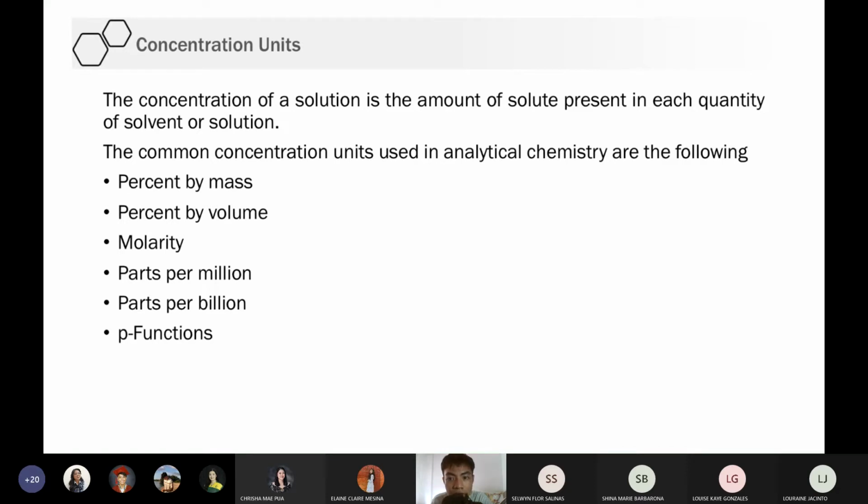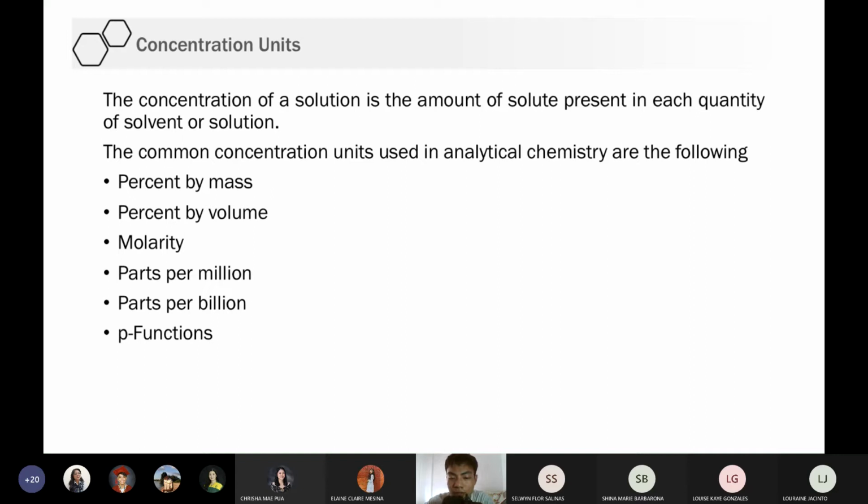These are equations, these are ratios of the amount of solute with respect to the amount of your solution. If you have so many solute, ibig sabihin mataas ang concentration mo. If you have few amounts of solute, mababa yung concentration. Pero ang question doon, ano yung numerical value?